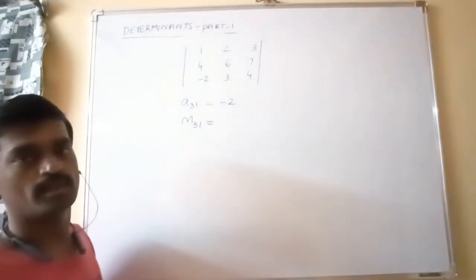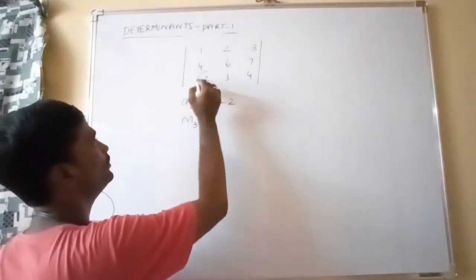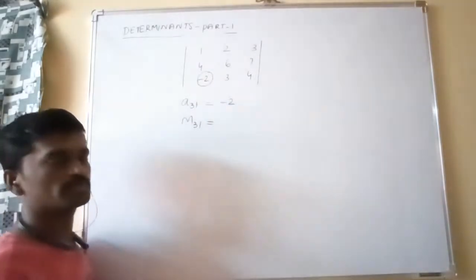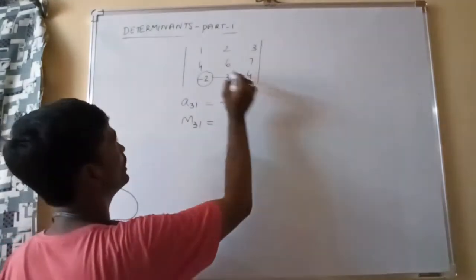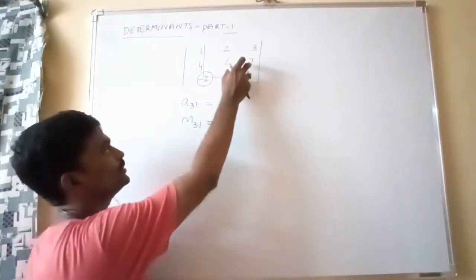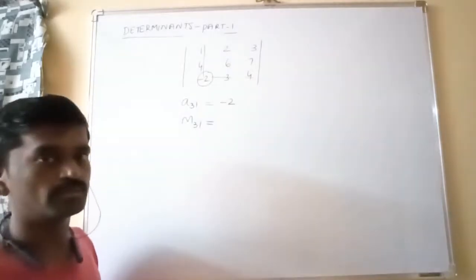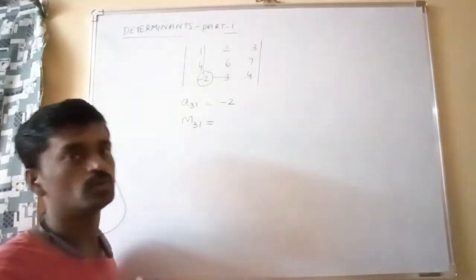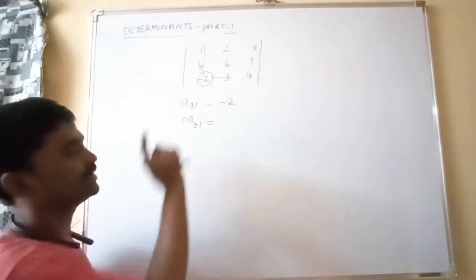How we can find the minor: this element minus 2 is present in the third row and first column, so you delete the third row and first column and you will get a 2 by 2 matrix. The determinant of the remaining 2 by 2 matrix is the minor of the element A31.